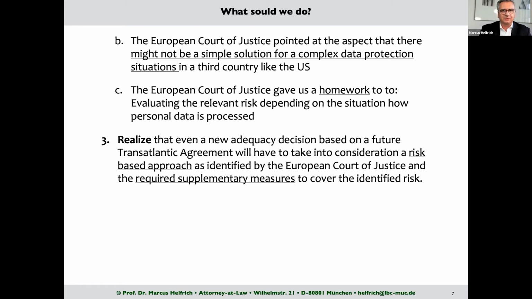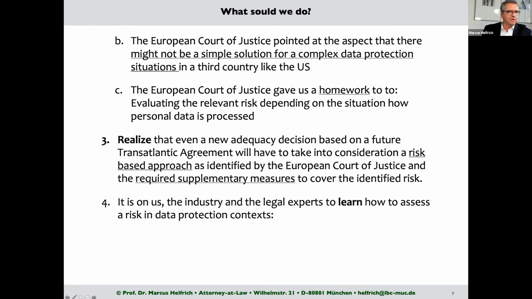And I think this is the result of the Schrems 2 decision. Because the question whether or not supplementary measures are needed to have a proper data transfer to, for example, the US, depends on the outcome of such a risk assessment.